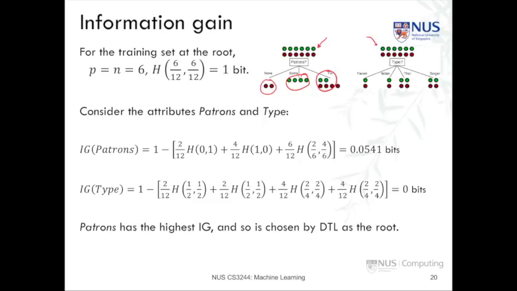Let's contrast that with splitting on type. With type, we split it into 4 categories: French, Italian, Thai, and burger. But the problem is each of these separate subproblems are all tied at 50% each, meaning that they don't add any information. All of the subproblems are cases where they're maximally unsure.